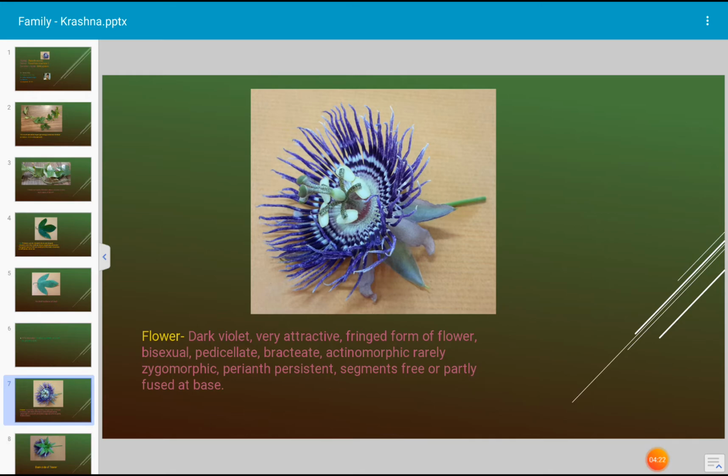Bract is present, hence it is a bracteate flower. It is an actinomorphic flower. It can be divided into two equal parts, but in some species of Passiflora, zygomorphic flowers are also present. Perianth is persistent, segments free or partly fused at the base.